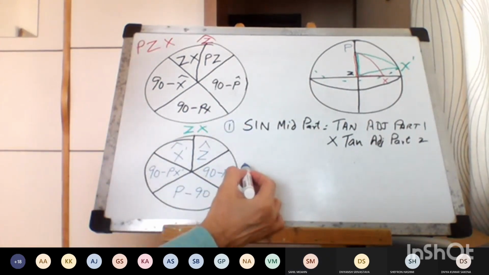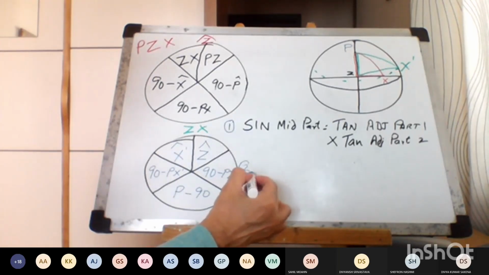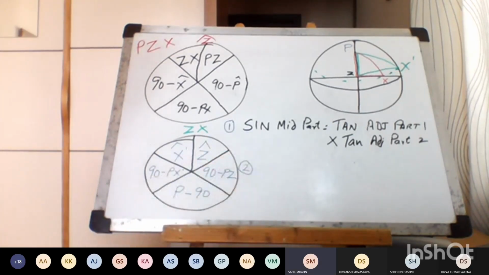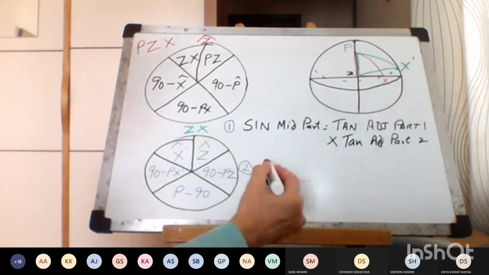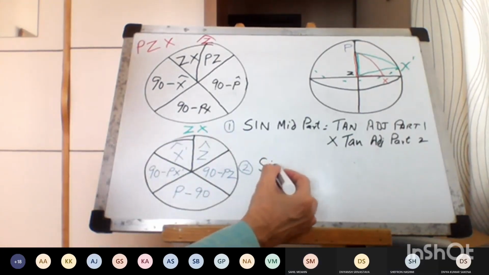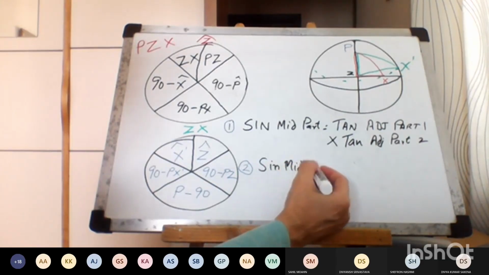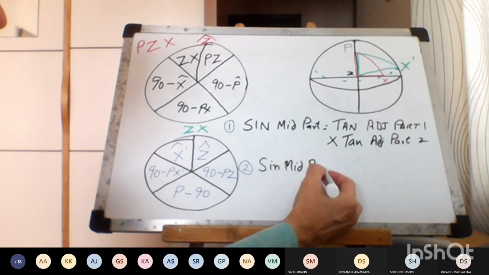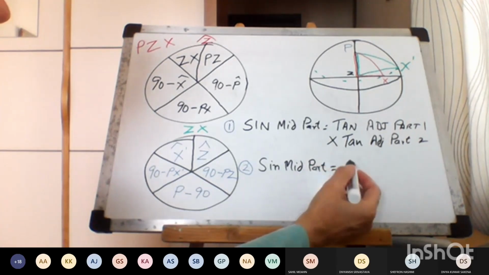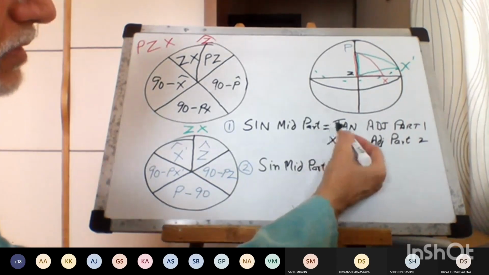And there is another formula. Yes, sine mid part. I hope all of you are drawing and writing whatever you're supposed to do. You are all grown up enough, I don't have to tell you what to write and what not to write.